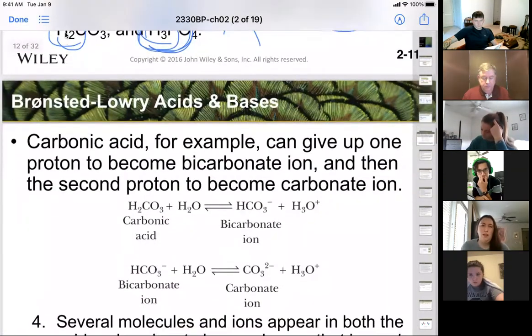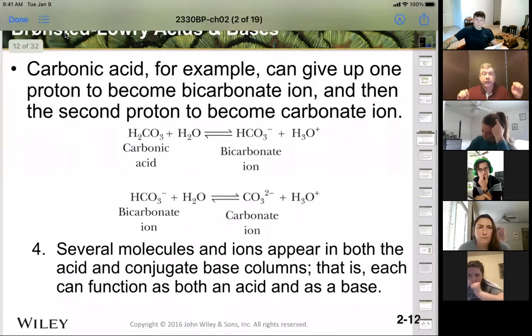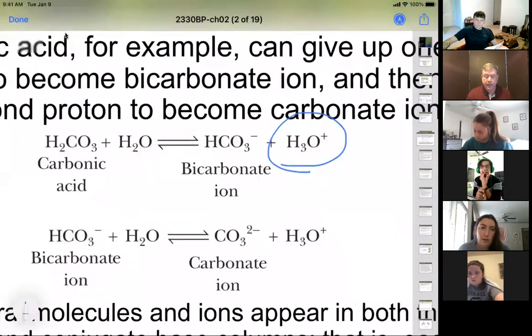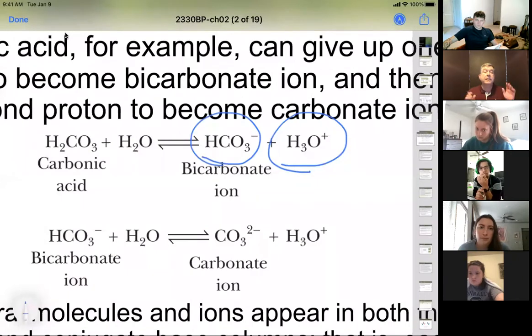Let's use carbonic acid as an example of that proton transfer. Carbonic acid is basically CO2 and water, and it creates carbonic acid. The first thing it'll do is try to transfer one of those protons to water to become the hydronium ion here, and the second one is going to stay on that, making that negatively charged conjugate base.